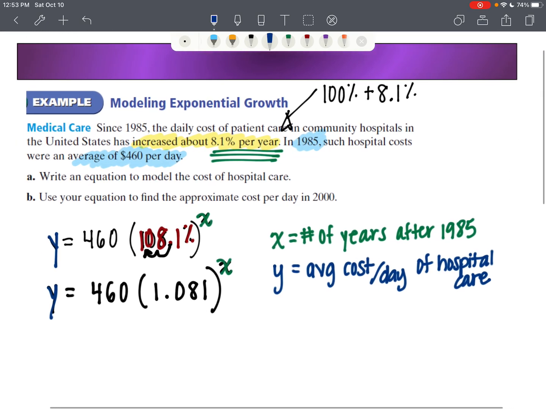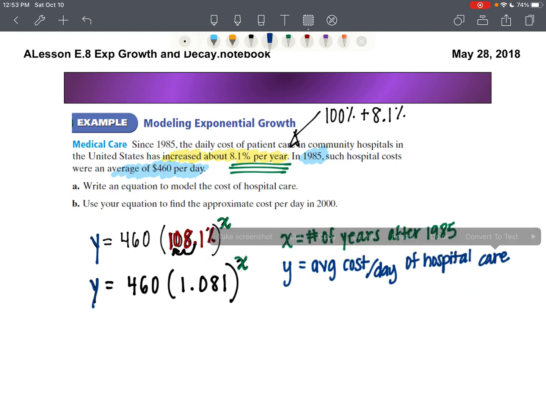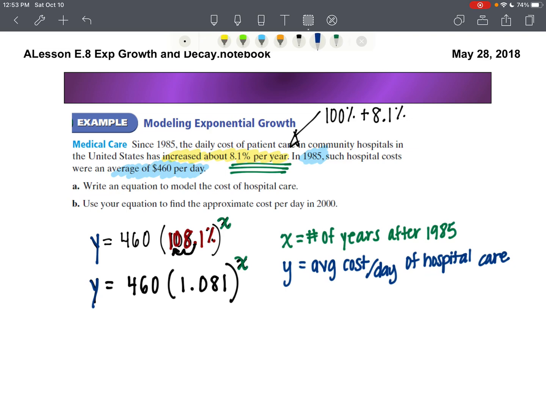So x is the number of years after 1985, and y is, I'm going to move this so that it's all on the same line. There we go. Y is equal to the average cost per day of hospital care. And there is our equation. So let's box that. That's our equation for A.